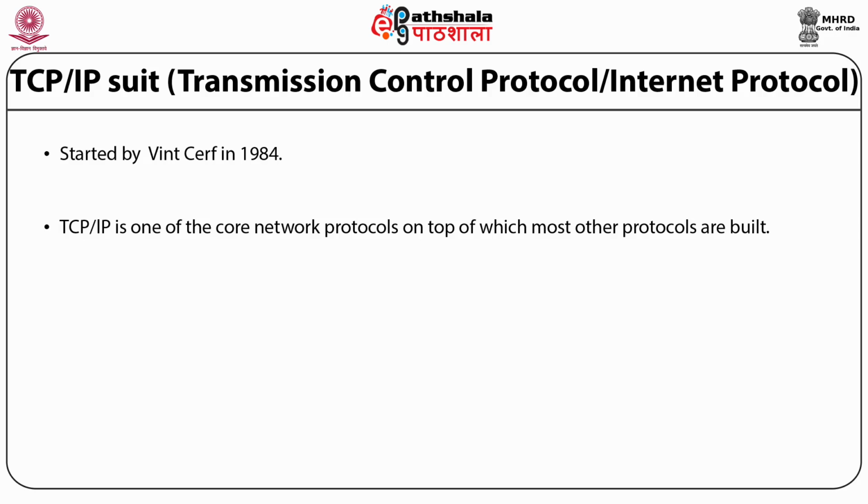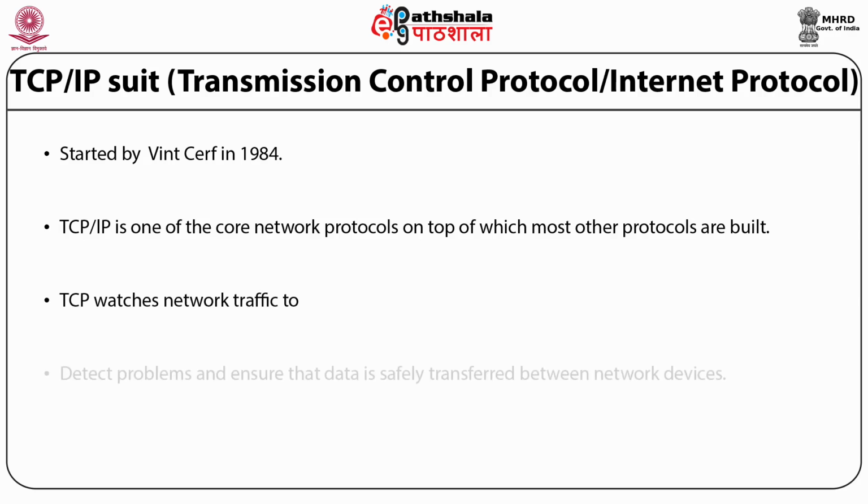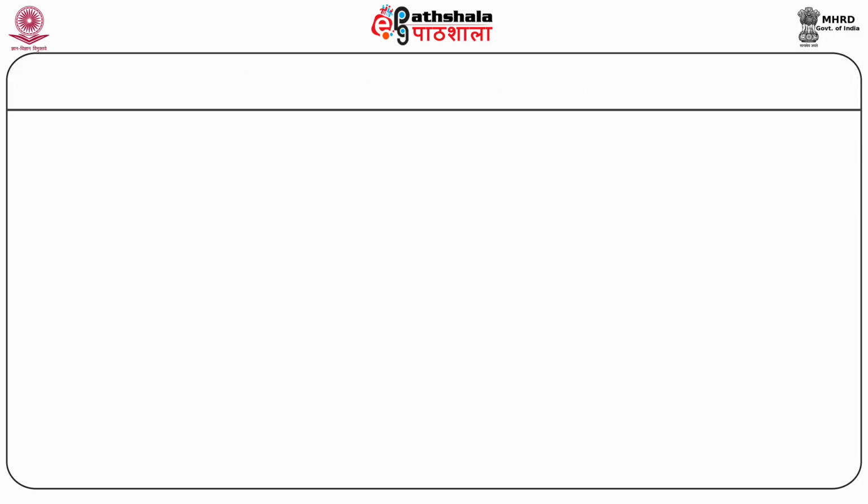Many may not be aware of what this HTTP is. HTTP is an application protocol over TCP/IP. That's why this statement: the core network protocol on top of which most other protocols are built. TCP watches network traffic to detect problems and ensures that data is safely transferred between the network devices.